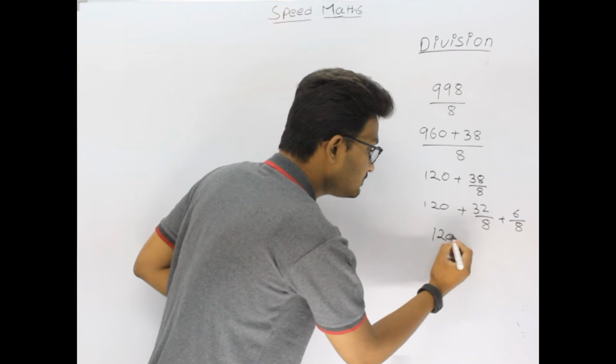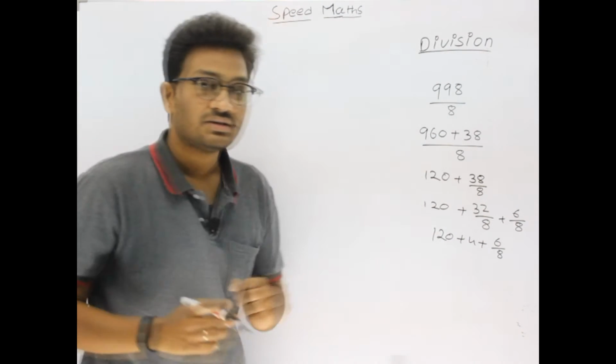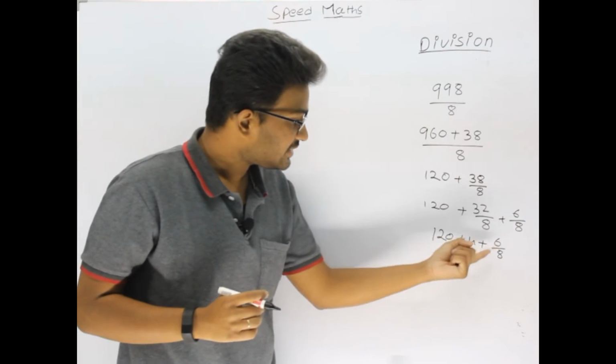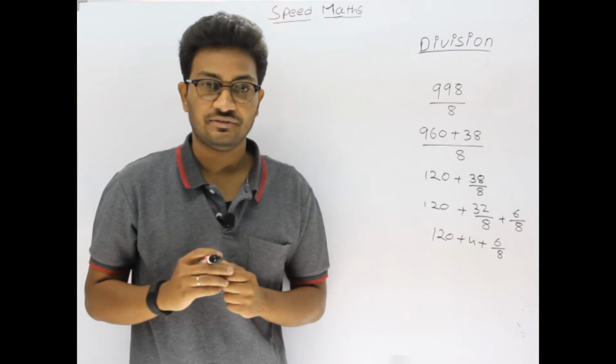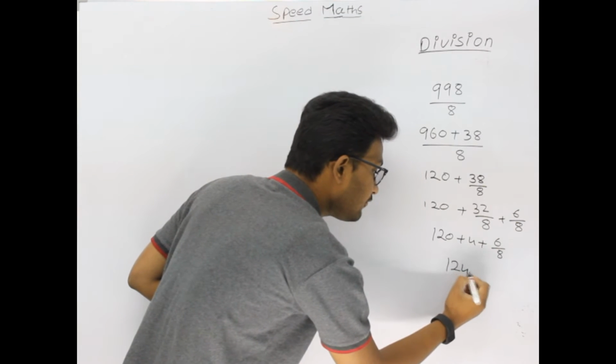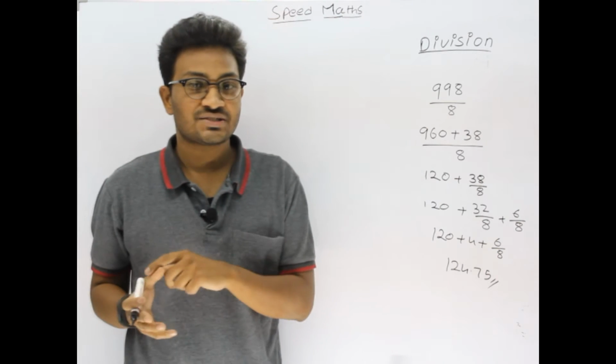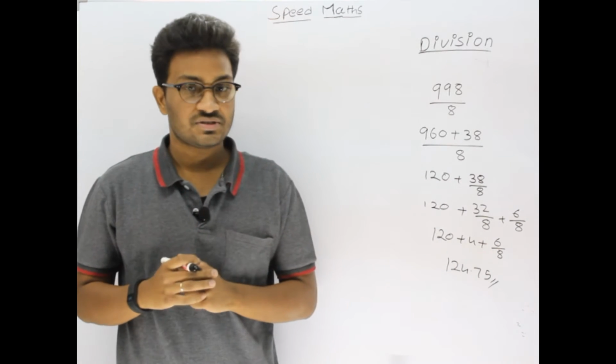So 120 plus 4 plus 6 by 8. 6 by 8 is nothing but 3 by 4. 3 by 4 is 0.75. So by adding all those things, we get answer as 124.75. So this is how a smart student will approach division problems.